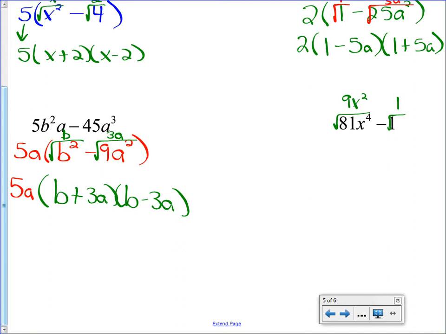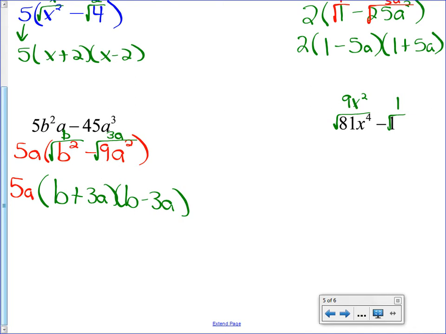Yeah. The square root is like saying the exponent 1/2. So if I have this, that's the same as writing that. So the square root of x to the 4 is like saying x to the 4 over 2, which is simply x squared, or as I think Zach or Nick said, you just divide by 2.